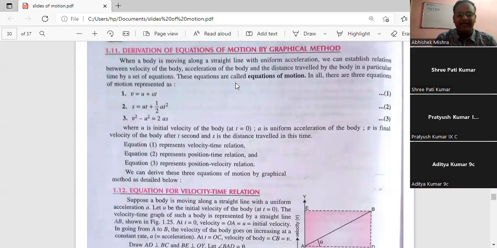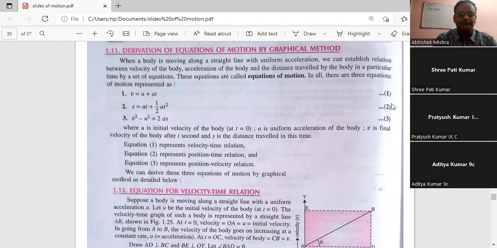We all know that, in a general way, when we were representing the initial velocity, with what abbreviation were we representing the initial velocity, students? Can you remember? Just tell me so that I can unmute you. Suppose we are going to represent the velocity of the body, the acceleration and the distance.